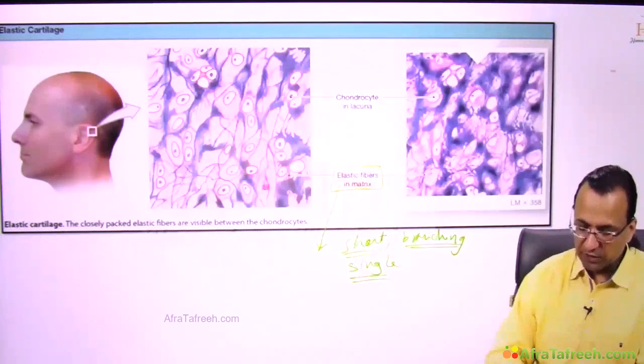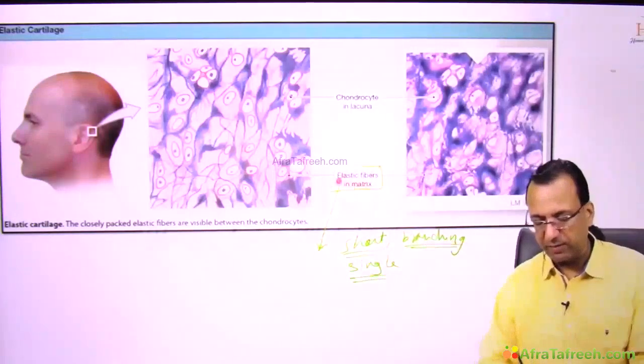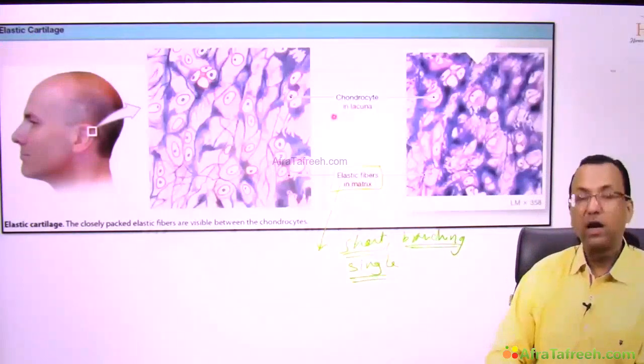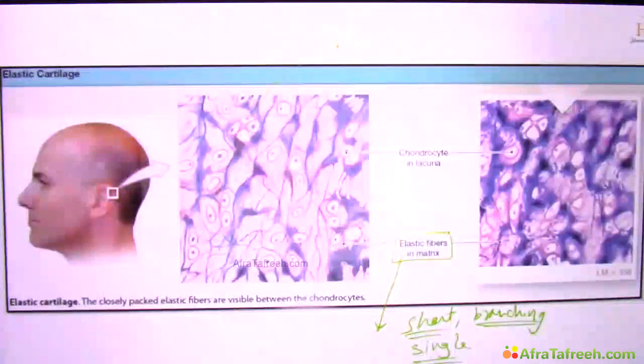This is elastic fibers in elastic cartilage. What about the chondrocytes? Chondrocytes are there, of course, because it is a cartilage.